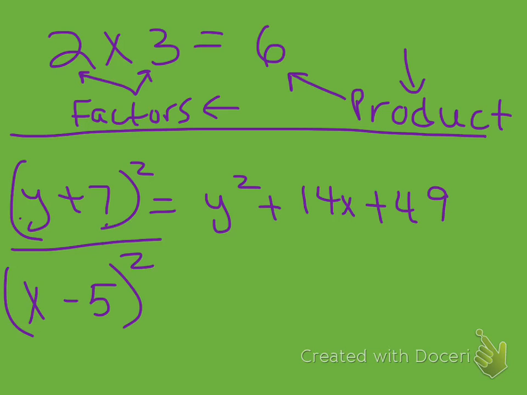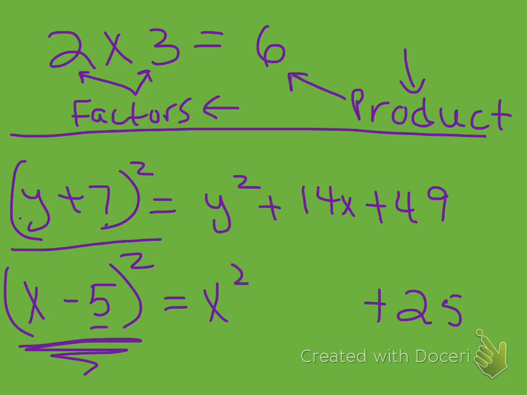Let's do another one. We're going to do this one. I want you to do the same thing. Do this one on your paper. Pause it while you're doing it. Come back and let's check it. Okay? All right. I'm going to get the x squared. That's from squaring that part. I'm going to get a positive 25 because that's 5 squared.